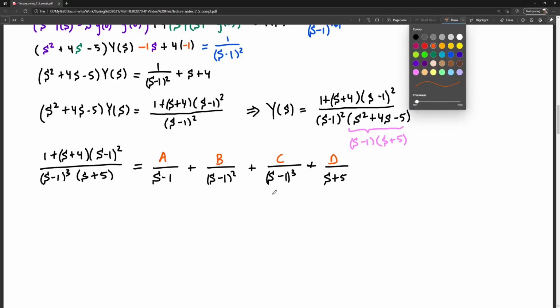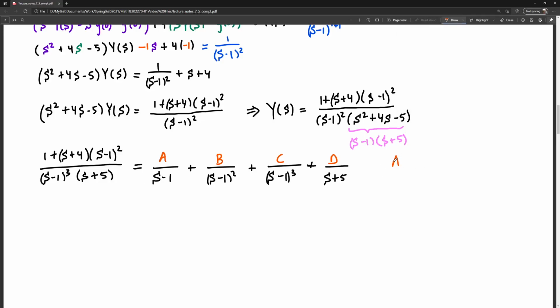If you solve this for A, B, C, and D for smart choices of s, you get the values A equals 181 over 216, B equals negative 1 over 36, C equals 1 over 6, and D equals 35 over 216. So when you break that down, you get that.